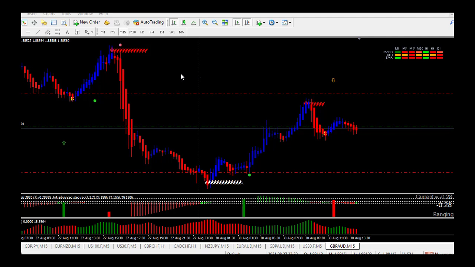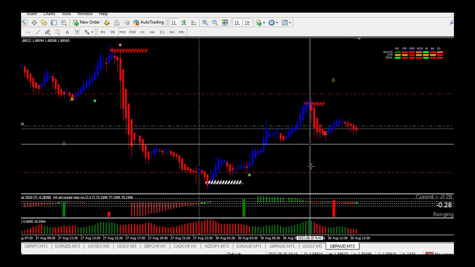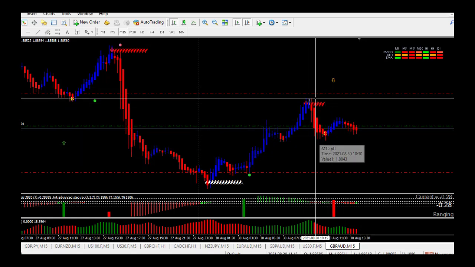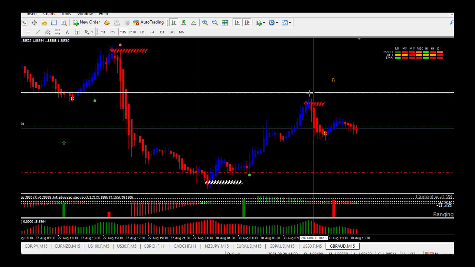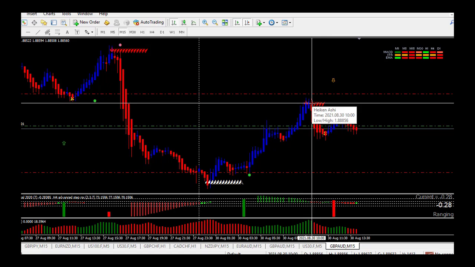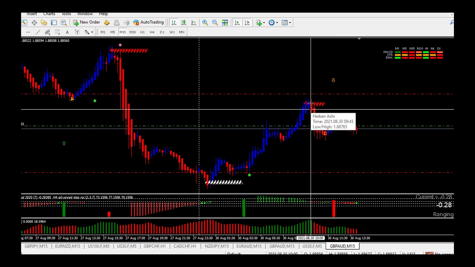Now, this is Great Britain pound Australian dollar on the 15-minute time frame. If you want to use this strategy, wait for all these indicators to be in agreement. Number one, once this gives us a signal for a sell, because this one does recalculate, wait for it to give us a sell signal.